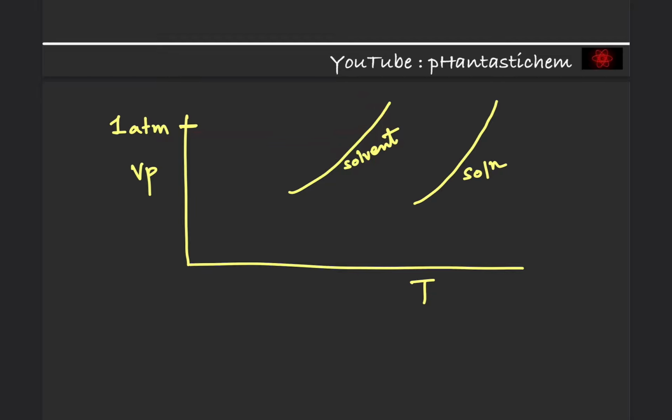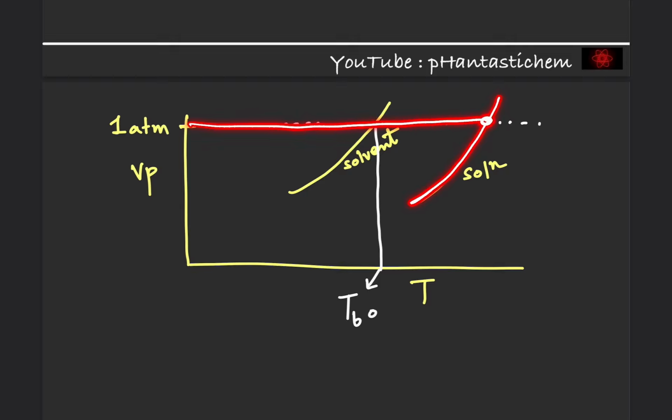So this temperature is the boiling point of the solvent, and we represent it by TB naught. You can see this is the curve of vapor pressure versus temperature of the solution. This is 1 atmosphere.